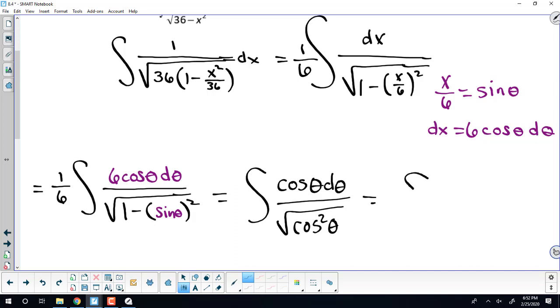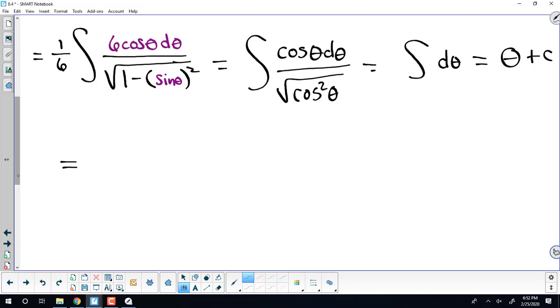What's the antiderivative of 1 with respect to theta? Theta, plus a constant. What's theta? Inverse sine x over 6. Yeah, sine theta is x over 6, so theta is inverse sine of x over 6 plus c.